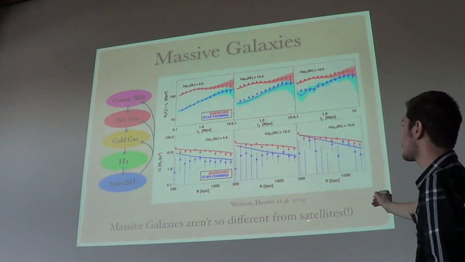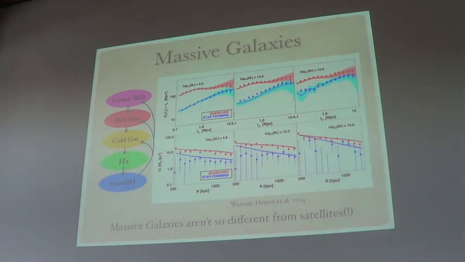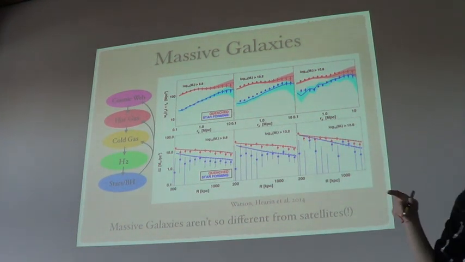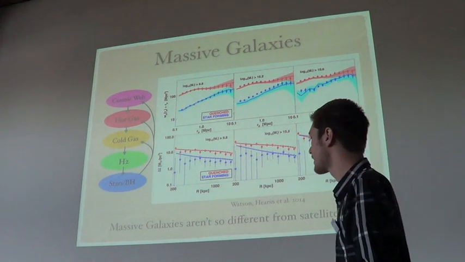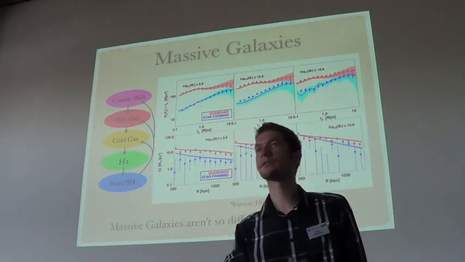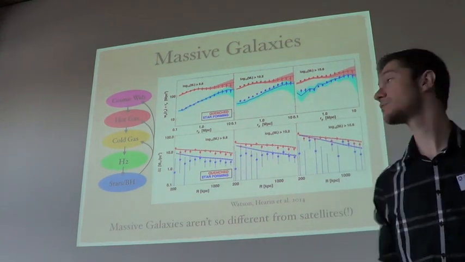And this, I think, underlies the success of this age matching model, which you may have heard of by Andrew Hearin and Doug Watson, which is similar to abundance matching, in that stellar mass is matched to halo mass in decreasing rank order of size. But then star formation rate is set based on an age of the halo, which does not depend on whether the halo is a central or a satellite halo, but instead just depends on the mass accretion history, where satellites are just older purely because the recent mass accretion hasn't been so much.